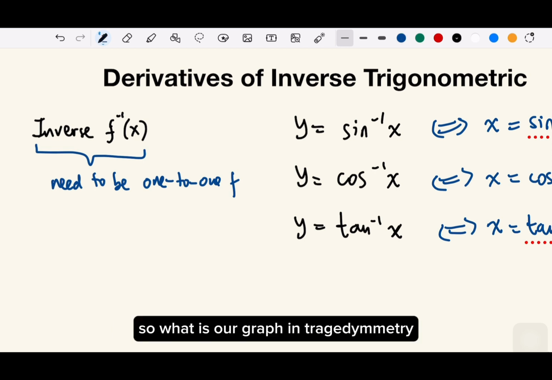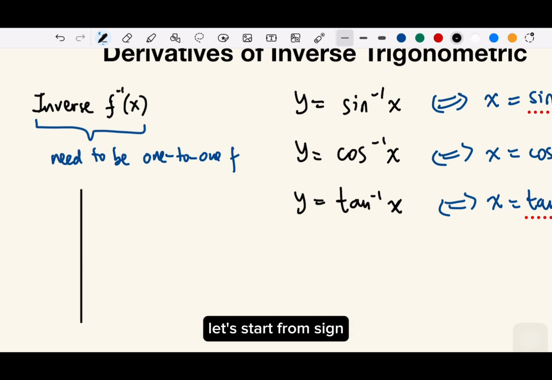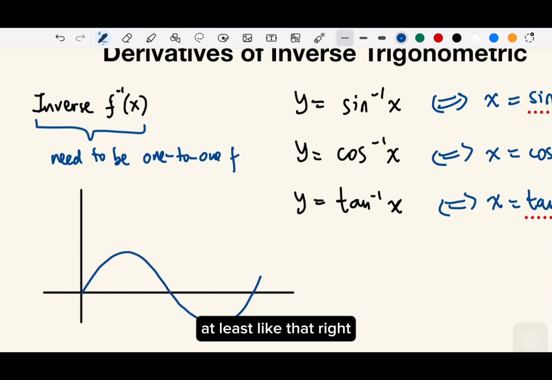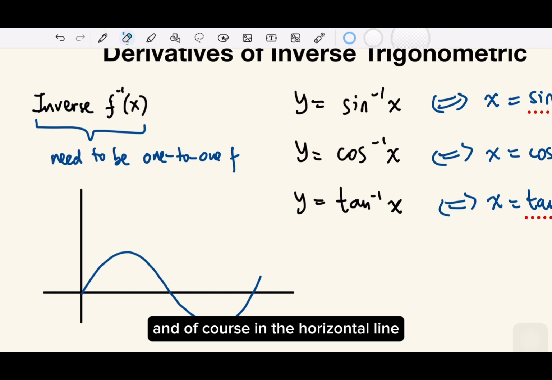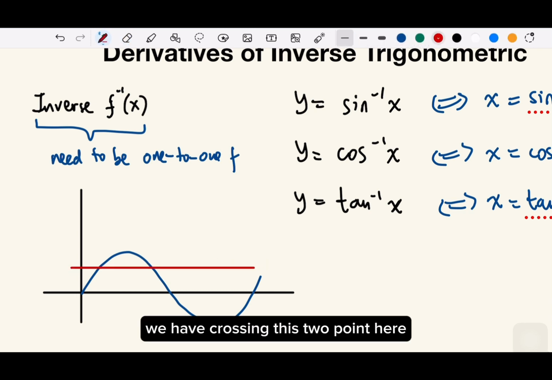So what is our graph in trigonometry? Let's start from sine. Our sine is going to be at least like that, right? And of course, the horizontal line crosses these 2 points here, which means it's not 1-to-1, okay?